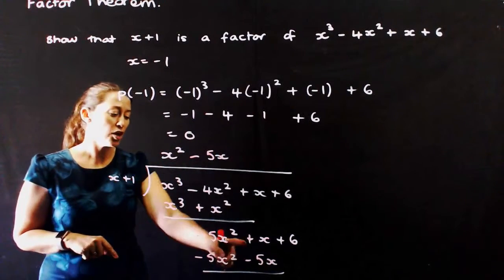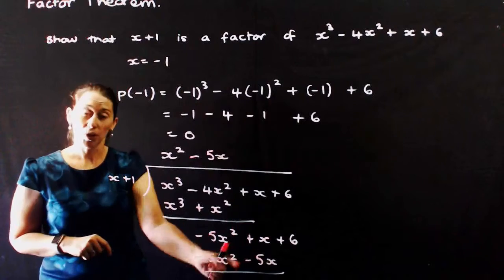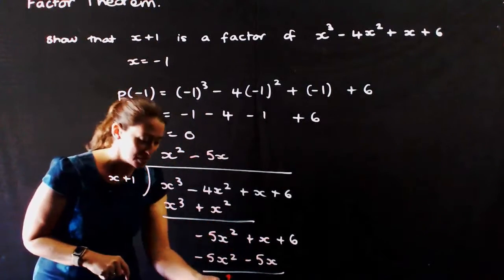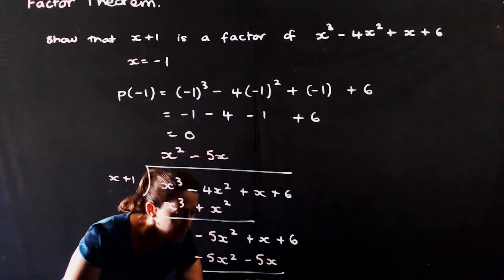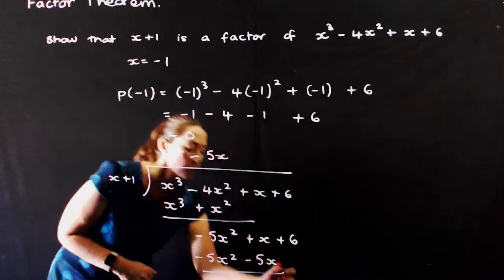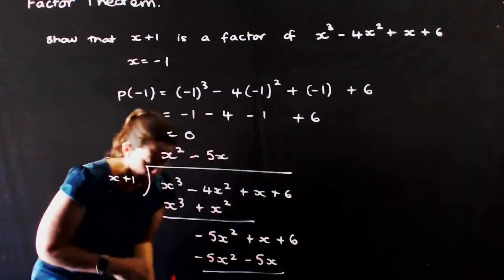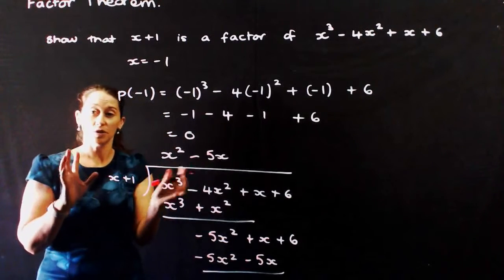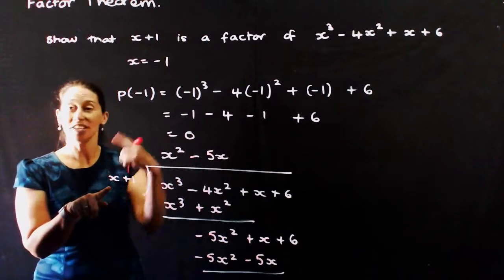This goes to 0. x minus minus 5x is 6x. And then we've got plus 6 left over. And then all I need to do now is subtract, or no, sorry, my mistake, I was thinking ahead.